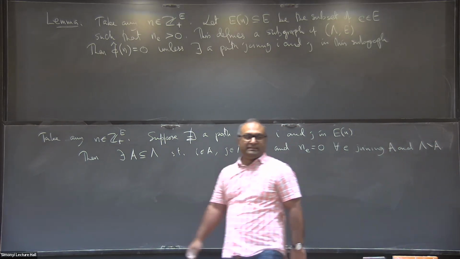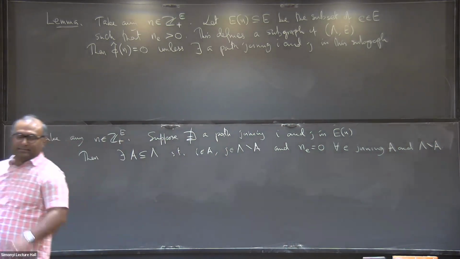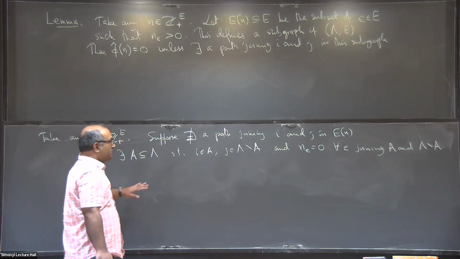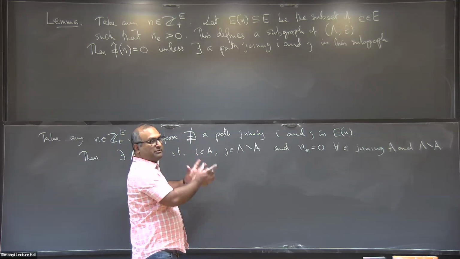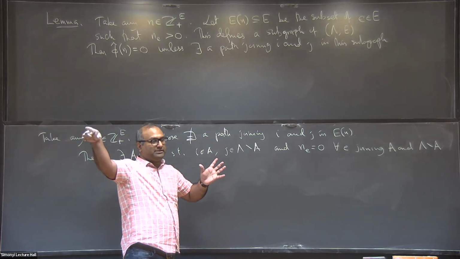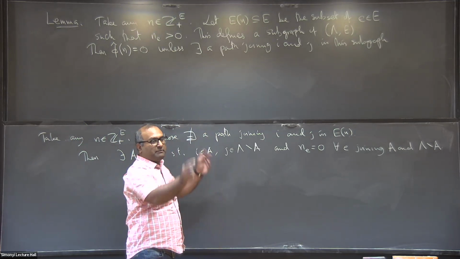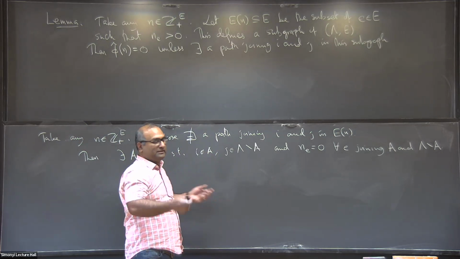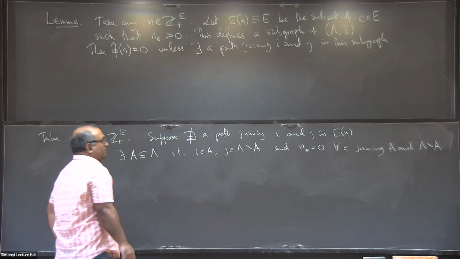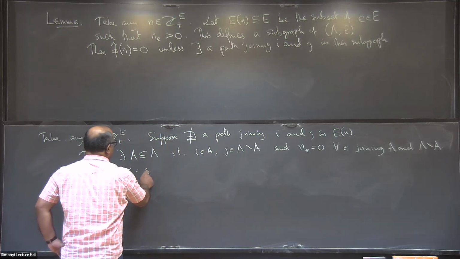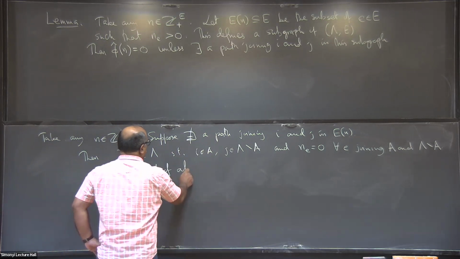So if there is no path, then there is a contour which separates i and j in the subgraph. So you would be able to find the set A which contains i and its complement contains j, so that any edge which goes from A to its complement will not be in your graph, and will have n_e equal to 0.